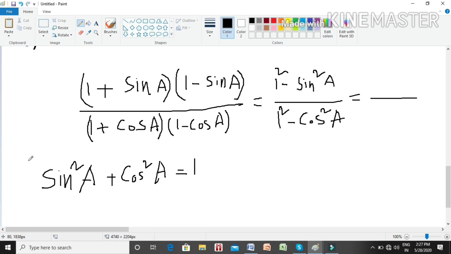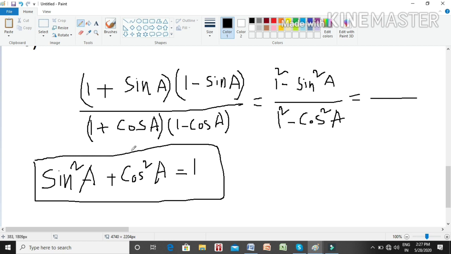From this formula, I can say sin square A equals 1 minus cos square A and cos square A equals 1 minus sin square A. So 1 minus sin square A will be equal to cos square A, and 1 minus cos square A will be equal to sin square A.